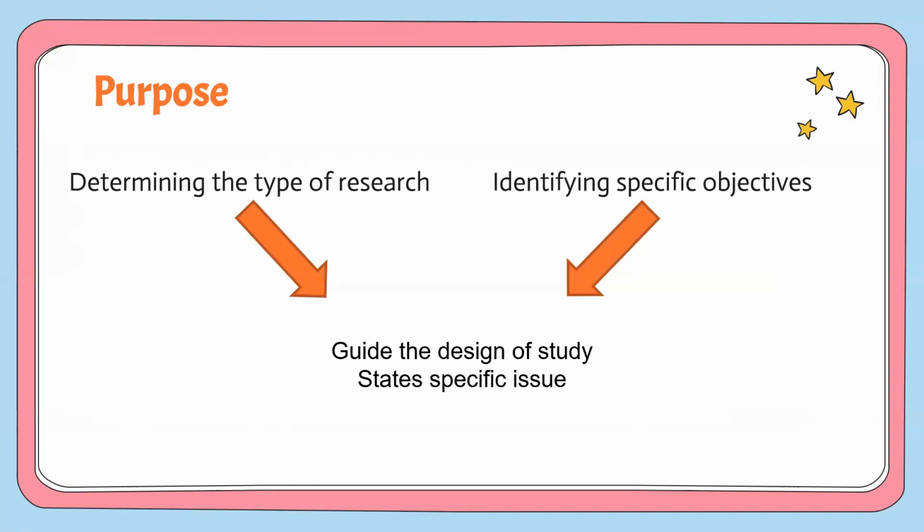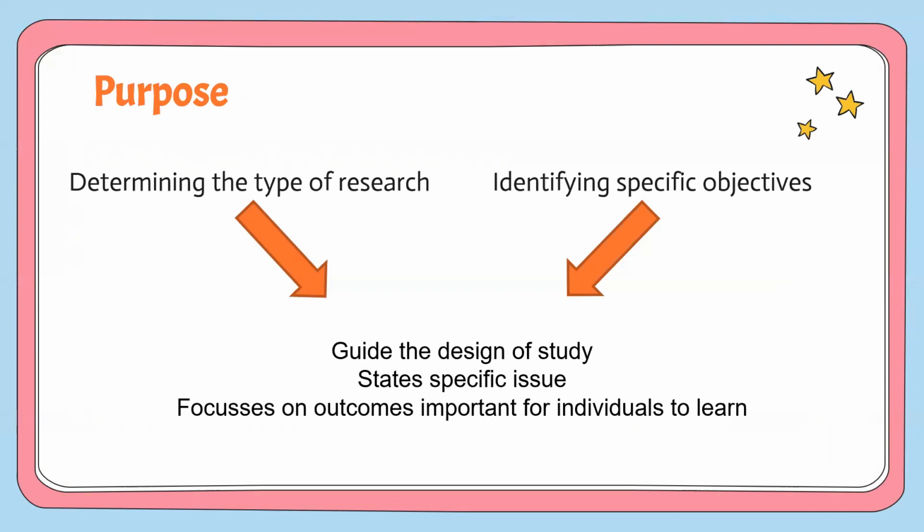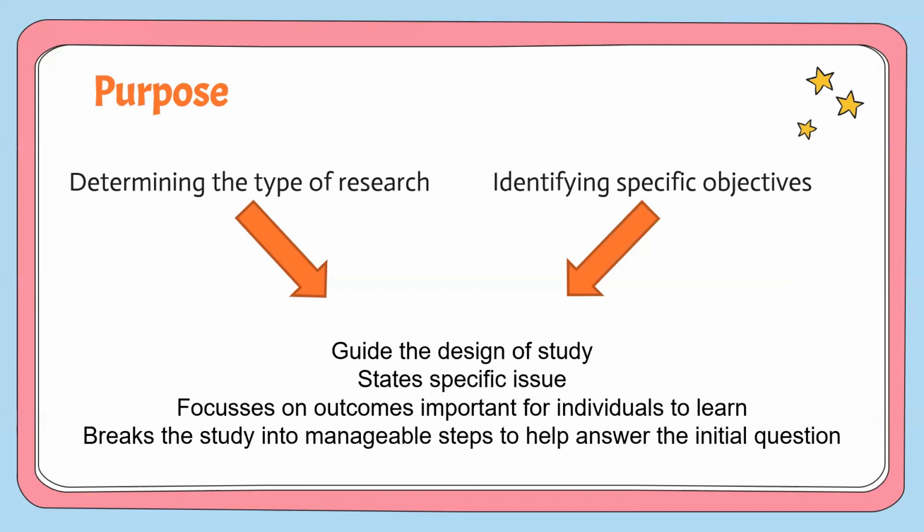Then it also helps to state the specific issue related to the problem identified. And of course, it focuses on outcomes important for individuals to learn, as well as it breaks the study into manageable steps to help answer the initial question.